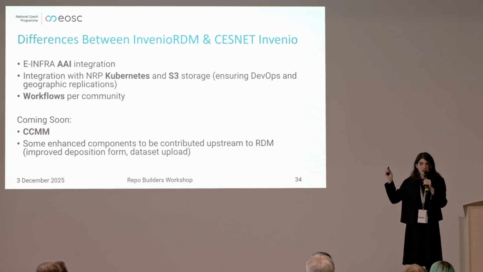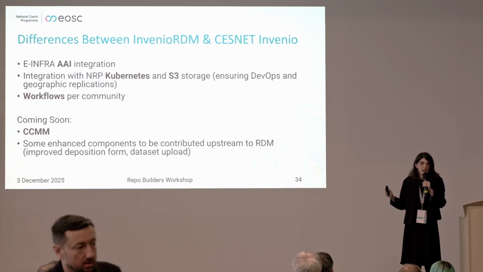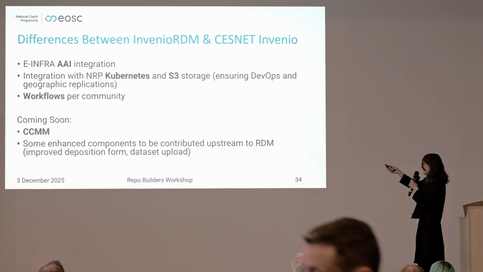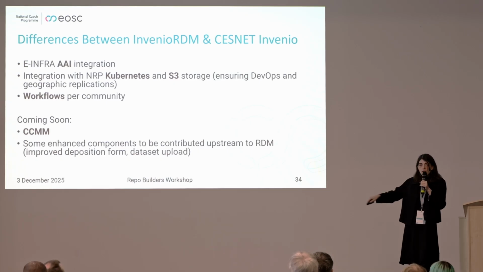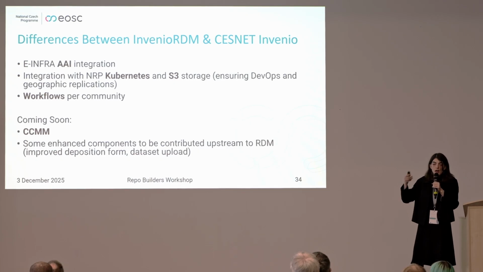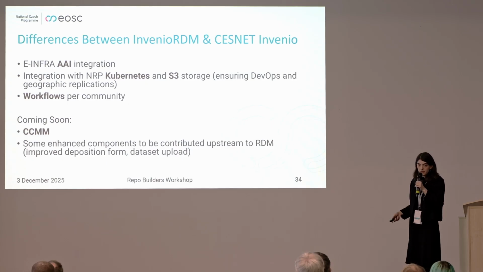But because of this integration, if you're building a repository on CESNET Invenio, you really don't need to care about any of that, which is great. You don't want to. And then it already has DevOps integration into the lower levels of the repository interface, such as the Kubernetes and S3. You don't need to know what that is or care about it if you're not developing tools on top of that.